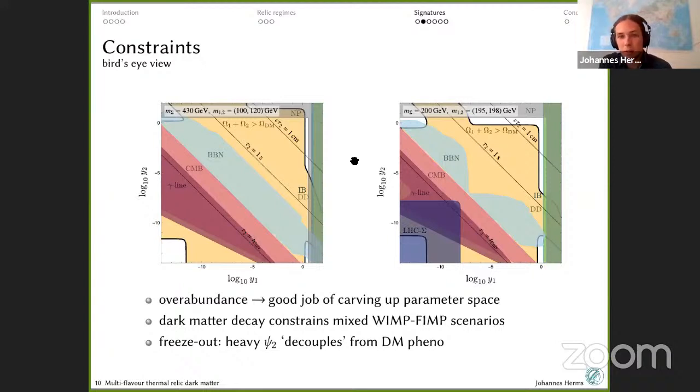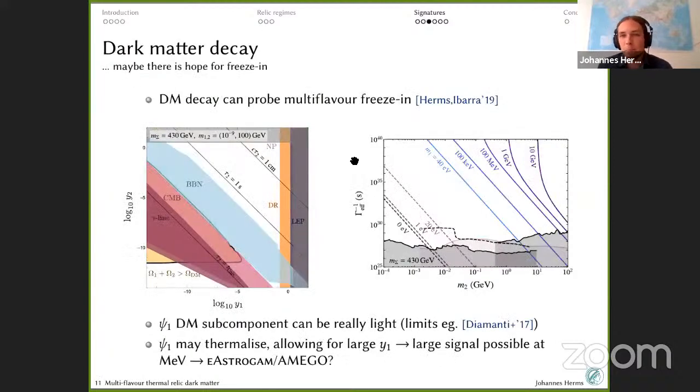Another thing that can happen in the two flavor setup is that we can make one of the two flavors very light, right? So that here, the heavier one weighs 100 GeV and is the dark matter candidate, whereas the lighter one is just 1 electron volt. And in that case, we can have a dark radiation component, limits on which are shown here.